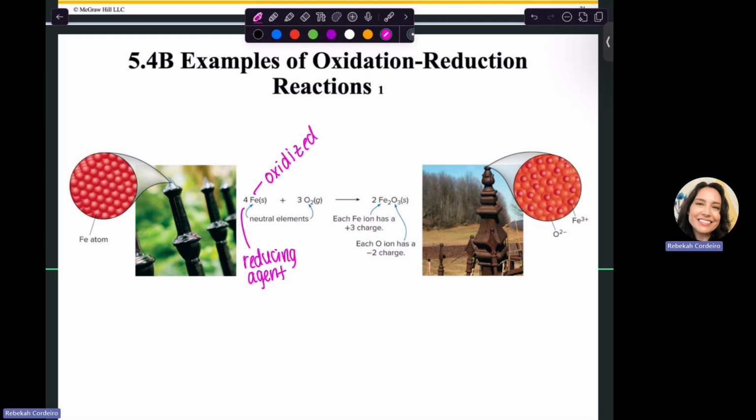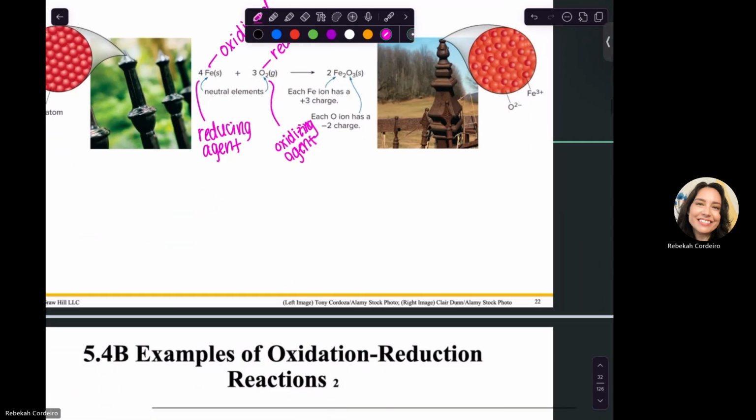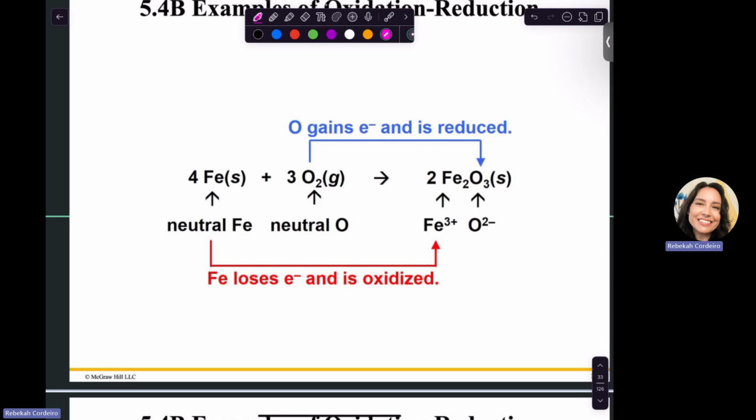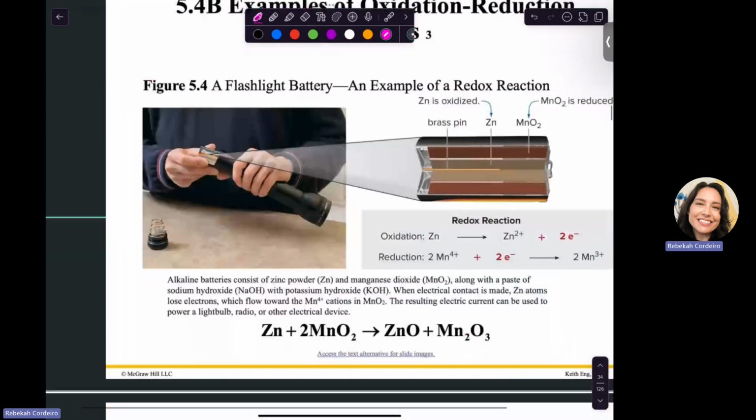Ger stands for reduction. So the oxygen is getting reduced, and the oxygen is the oxidizing agent. It's the thing that oxidizes the iron. So this is what we were just talking about.